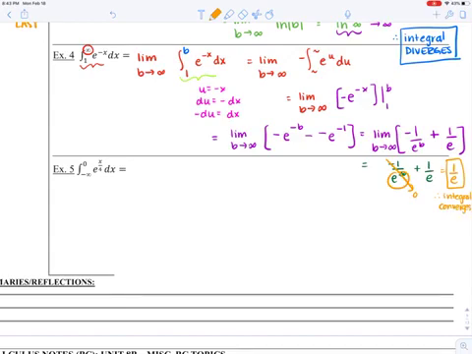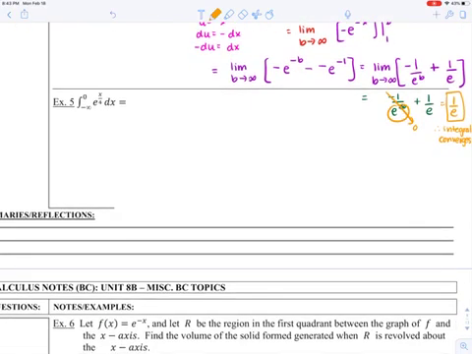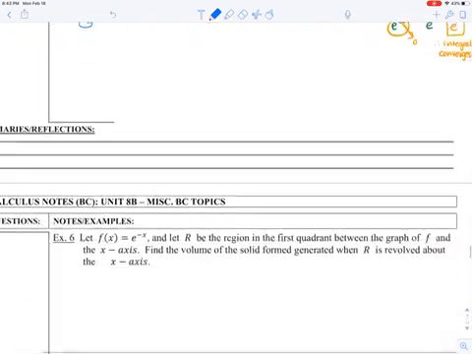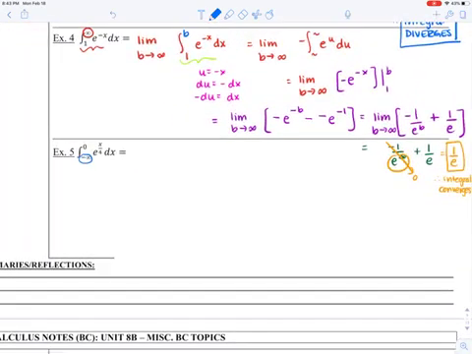So let's do one that maybe we haven't talked about in an example. Let's do one that has an infinity in the bottom bound. Now I know for an infinity in the bottom bound, when we did it up here, I used a. You don't have to use a, you can use c, you can use d, you can use whatever letter you want, as long as we get rid of it. So I'm going to set up a limit. I like to use b for some reason. b approaches negative infinity.